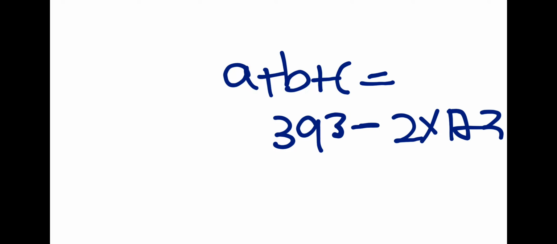The third equation was 7a plus 11b plus 19c is equal to 393, and 2 into the 4th equation is 6a plus 10b plus 18c is equal to 173 into 2. The final output will be a plus b plus c, and the resultant will be 393 minus 2 into 173, that is 47.